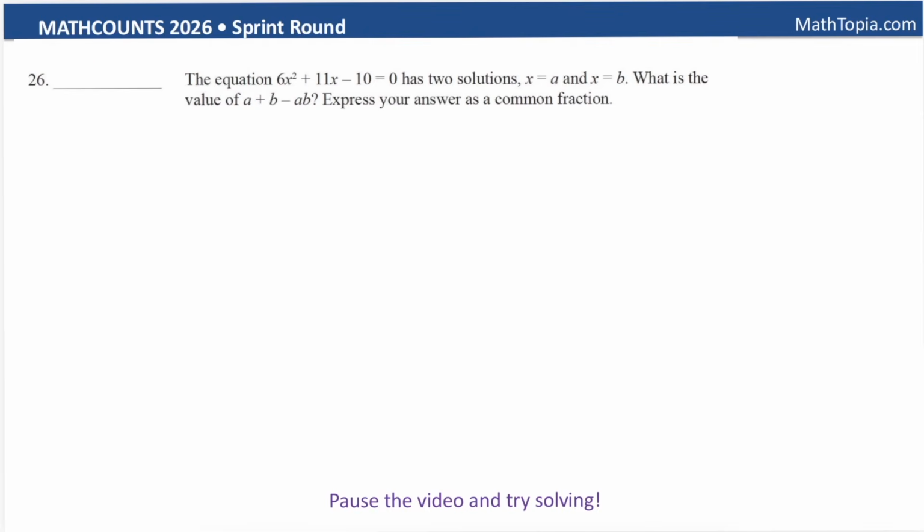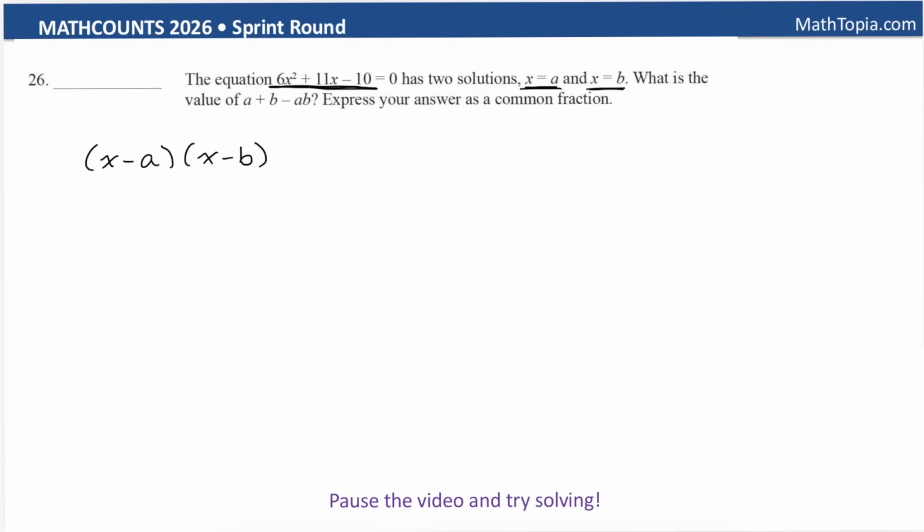Okay, so this equation right here is a quadratic equation since it has an x squared term. If we were to factor this, knowing that the roots or solutions are x equals a and x equals b, we would have x minus a times x minus b, where a and b are the roots of this equation.